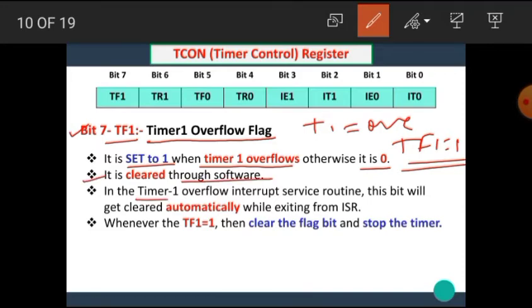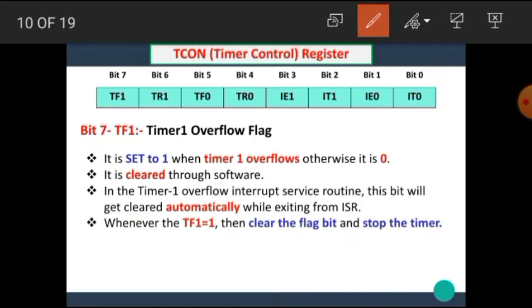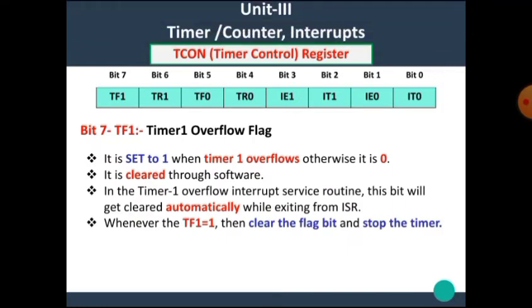In the timer 1 overflow interrupt service routine, this bit is cleared automatically while exiting from the interrupt service routine or ISR. Whenever TF1 is equal to 1, clear the flag bit and stop the timer. That means whenever timer 1 overflows, the TF1 bit is set. This is the simple basic function of the TF1 bit.